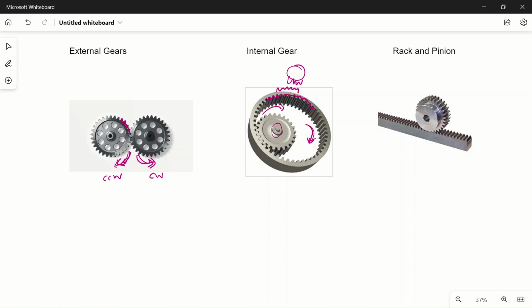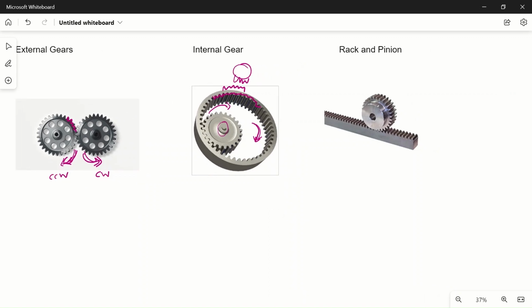Next one is rack and pinion. In this case there will be a rack. This is called the rack, this is the driven gear. This is the driver, which is called the pinion. So this is called pinion and rack. So what is a rack? A rack is a gear wheel of infinite radius.